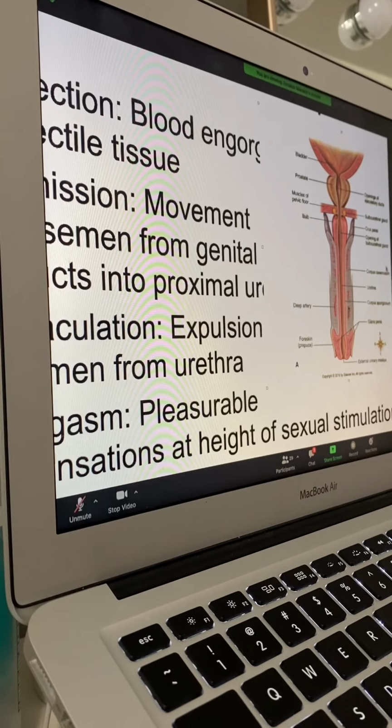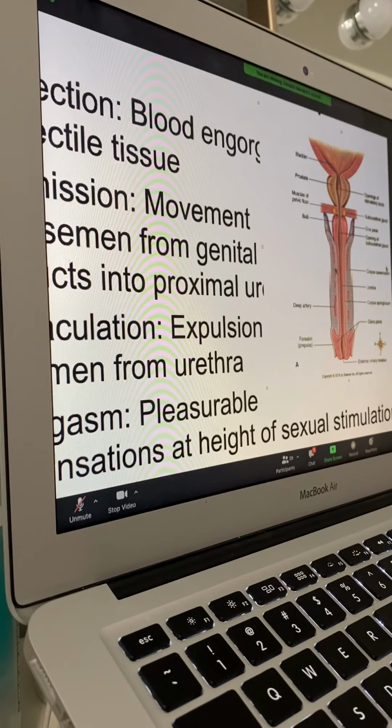With increased blood flow here, the muscle becomes engorged, and when the muscle is engorged, the penis is in an erect state. There will be erection, and that is parasympathetic: increased blood flow to the erectile tissue, causing engorgement of the muscle. Blood engorges the tissue, causing erection.